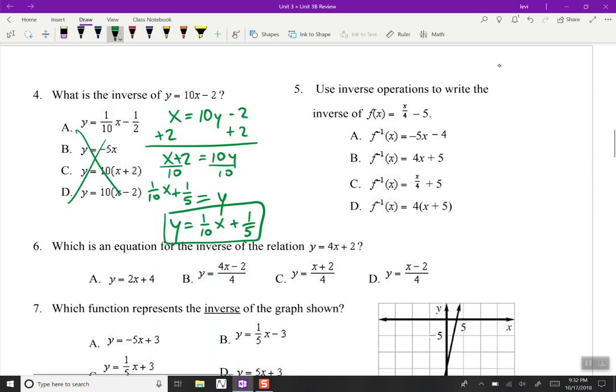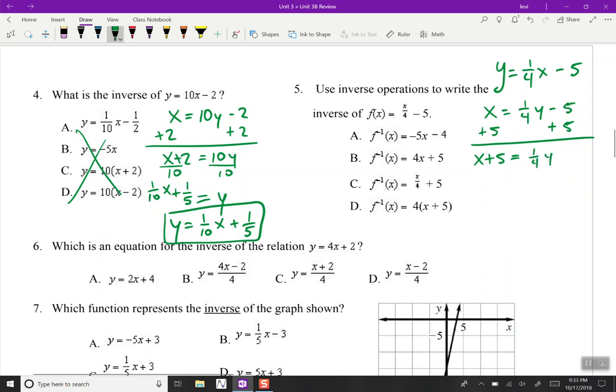So f of x equals x over 4 minus 5. That's the same as 1/4 x minus 5. So rewriting it, flip-flop x and y. x equals 1/4 y minus 5. Same steps. We'll add 5. So we get x plus 5 equals 1/4 y.